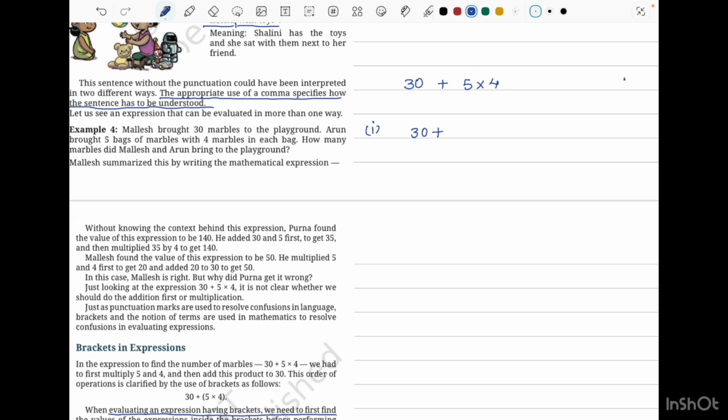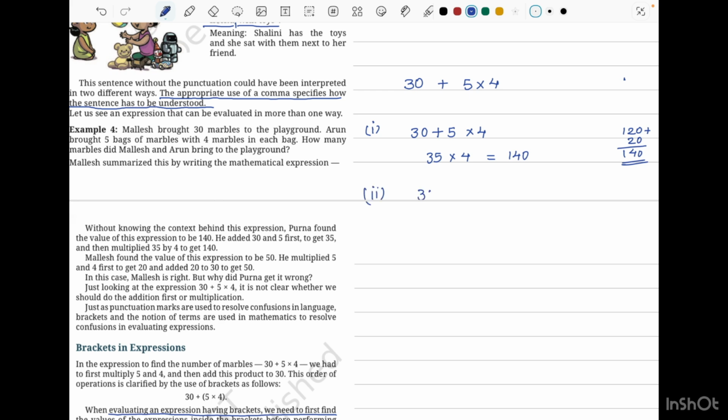She computed 30 plus 5, that is 35, and then multiplied by 4. So she got 35 into 4, which is equal to 140.